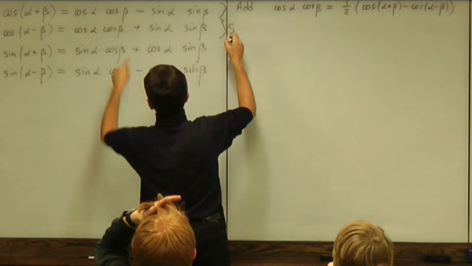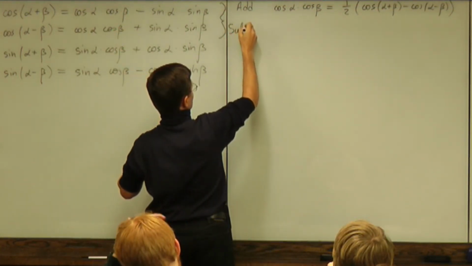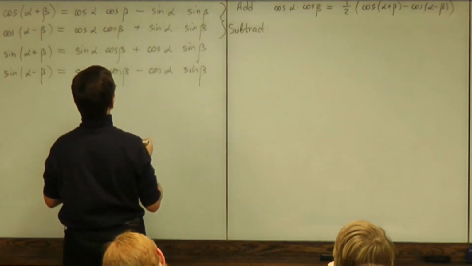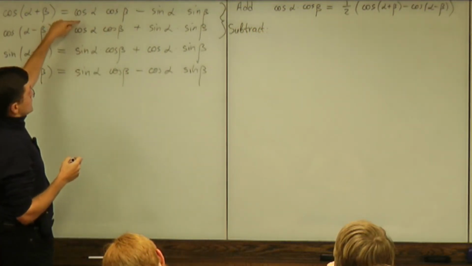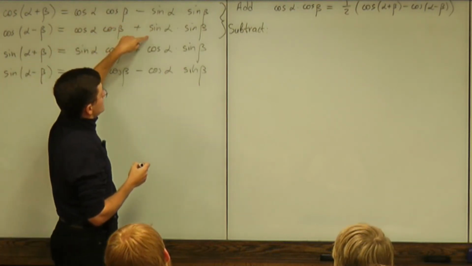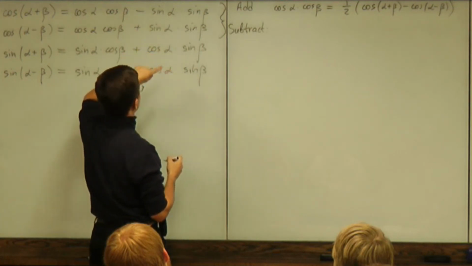Now if I subtract these two, then on the right hand side the product of cosines cancels. And the product of sines remains there with coefficient 2.